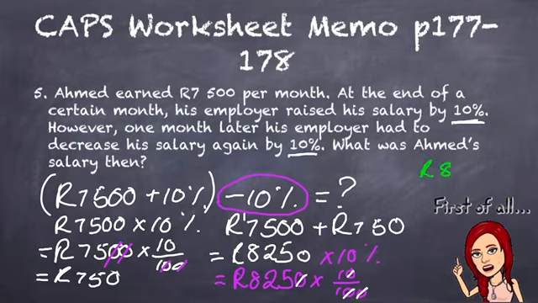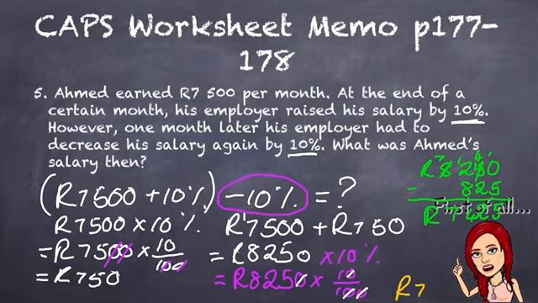We're going to say 8,250 minus 825, and look at my placeholders. I can't minus here, I need to borrow. 10 minus 5 is 5. 4 minus 2 is 2. Got to go and borrow here. 12 minus 8 is 4, 7. So the new salary and the answer is going to be, we'll put the answer in yellow, 7,425.